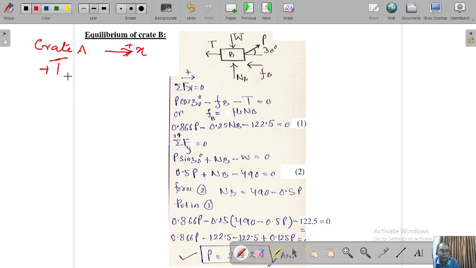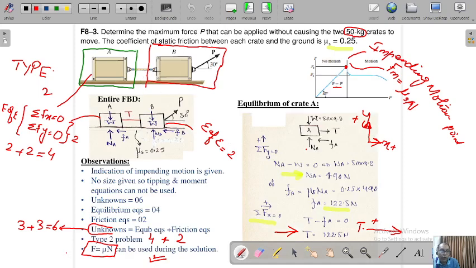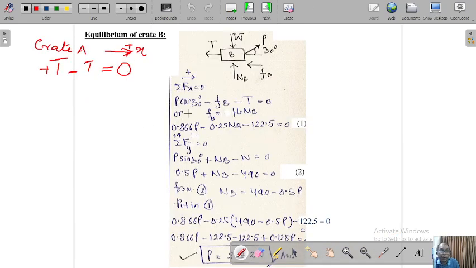So t was positive, and now the t is negative. So plus t minus t is 0, because actually if you look at it, there is no t here. t is an internal reaction force that we have calculated. So you must remember this. In frames and machines also you will do the same. Plus t minus t equal to 0. So very important concept.